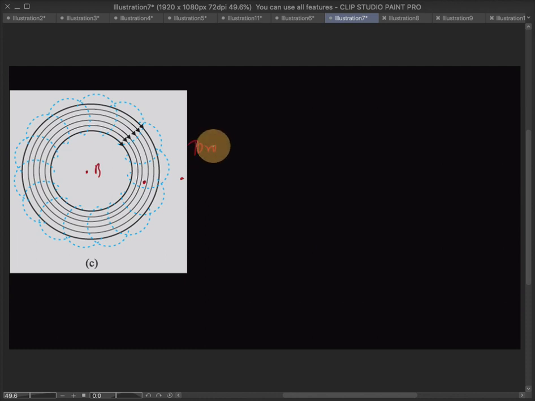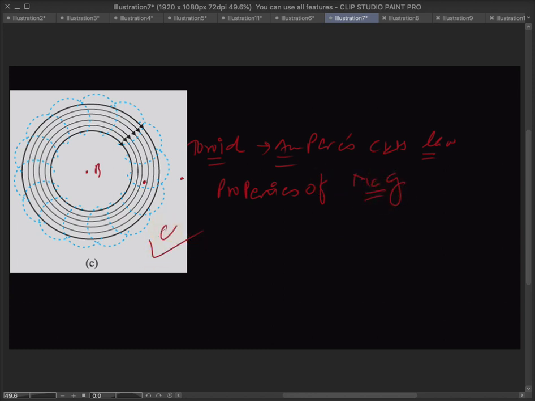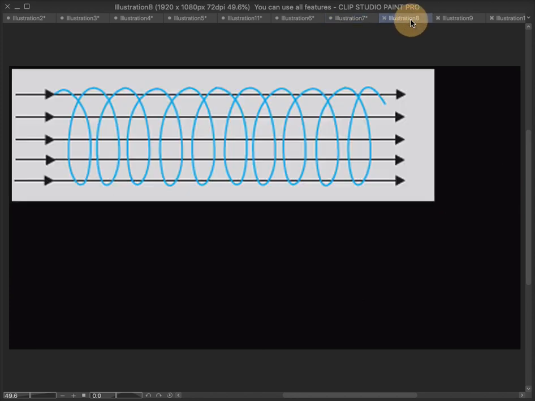So in the toroid, they are following our very first property, called Ampere's circuital law, and they are also following the properties of magnetic field. So this figure is completely obeying our properties of magnetic field and magnetism, so we will say that it is completely true.